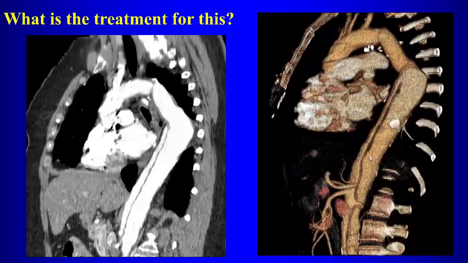Okay, so when you have a dissection that results in decreased perfusion, especially of these vessels here going to the bowel in the abdomen, because the true lumen is being compressed by the false lumen, then that can result in ischemia, in bowel ischemia. And the treatment for that would be what?